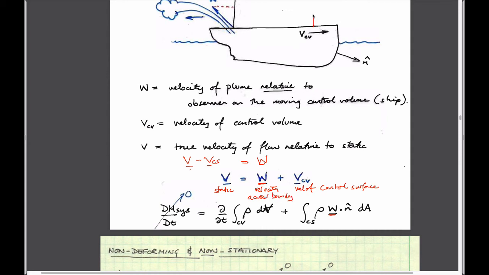This is firing the gun, the hose, at this velocity across this boundary. The velocity of the control volume also equals the velocity of the control surface, right? Because it's not deforming, it's not concertinaing. So every single point on this control surface is moving at the same velocity, by definition, because it's not deforming. And this is what we're interested in doing the accounting on in this equation.